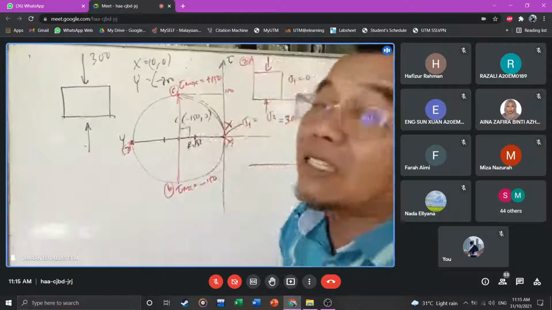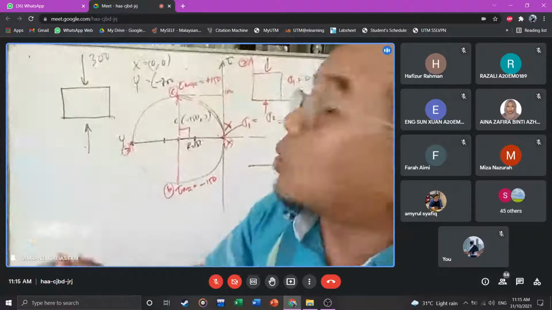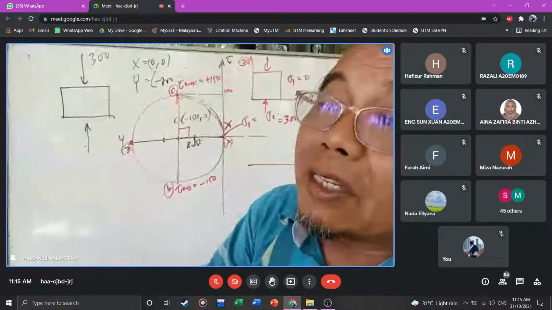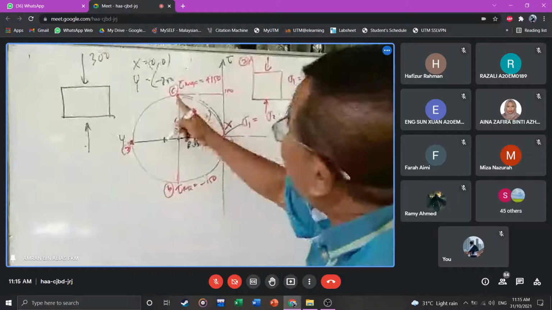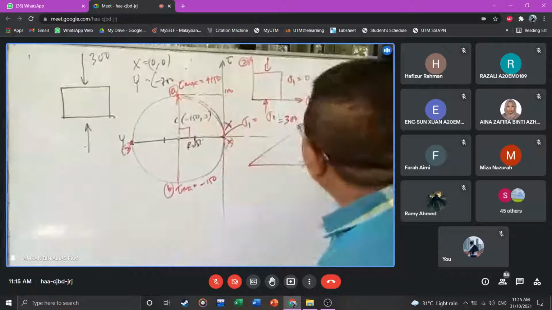This is 90 degrees. In the Mohr circle, it is double the original one. So when it is 90 degrees in the Mohr circle, the original one must be 45 degrees, counterclockwise. So how do I draw that? Point A. Here is the point. Here is the direction.